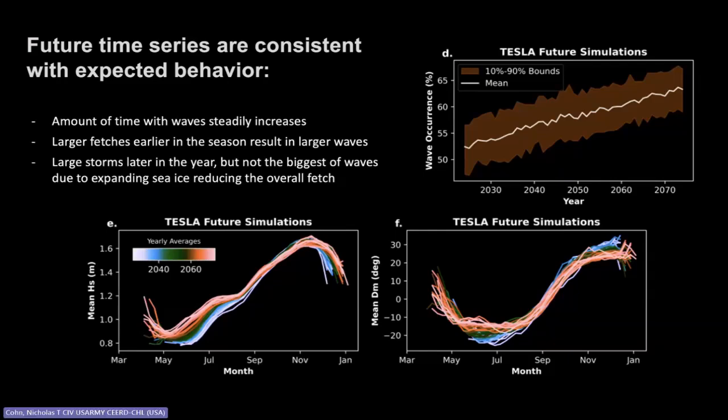So what we start seeing in the future is that we get increasing wave height conditions, particularly early in the season. And we start seeing shifts in the wave direction as well, which might have important implications in terms of littoral drift.